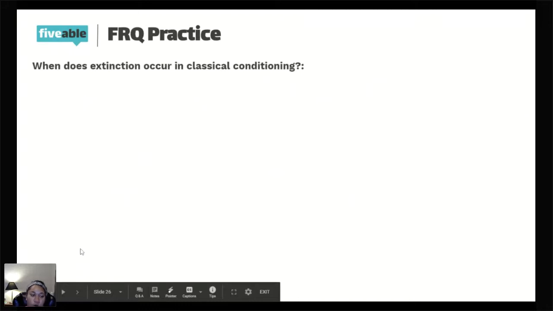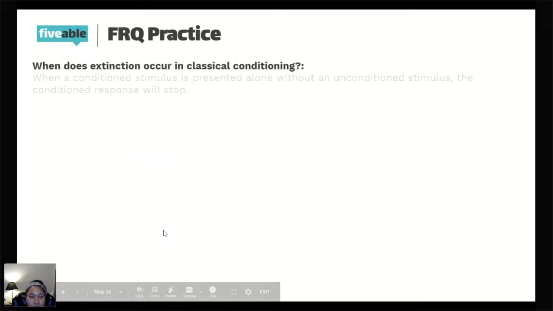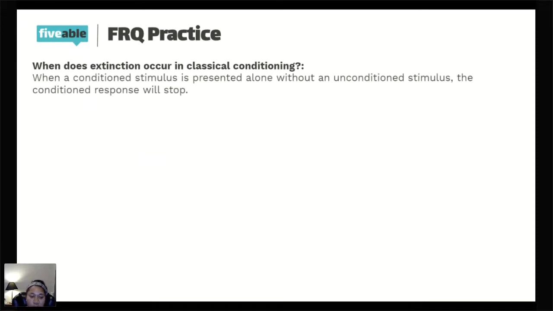All right, so when does extinction occur in classical conditioning? When a conditioned stimulus is presented alone without an unconditioned stimulus, the conditioned response will stop. So remember, in that early example, the conditioned stimulus was the whistle. The unconditioned stimulus is the food.